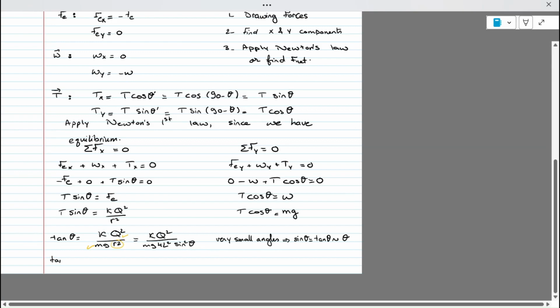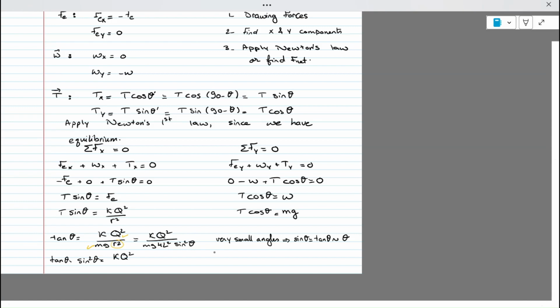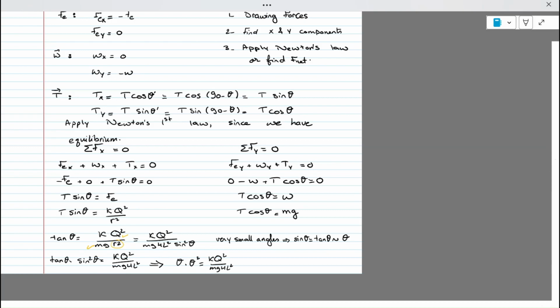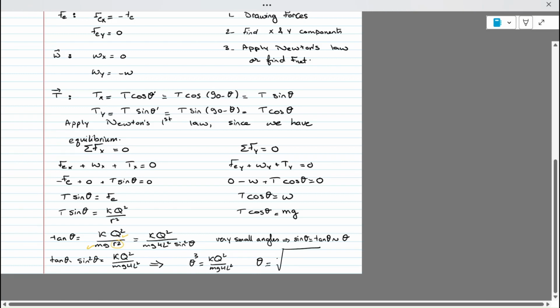We will have tangent theta times sine squared theta equal to k q squared over m g 4 L squared, which gives us theta times theta squared equals k q squared over m g 4 L squared, which means I can rewrite this as theta cubed. So theta is going to be the cube root of k q squared over m g 4 L squared.